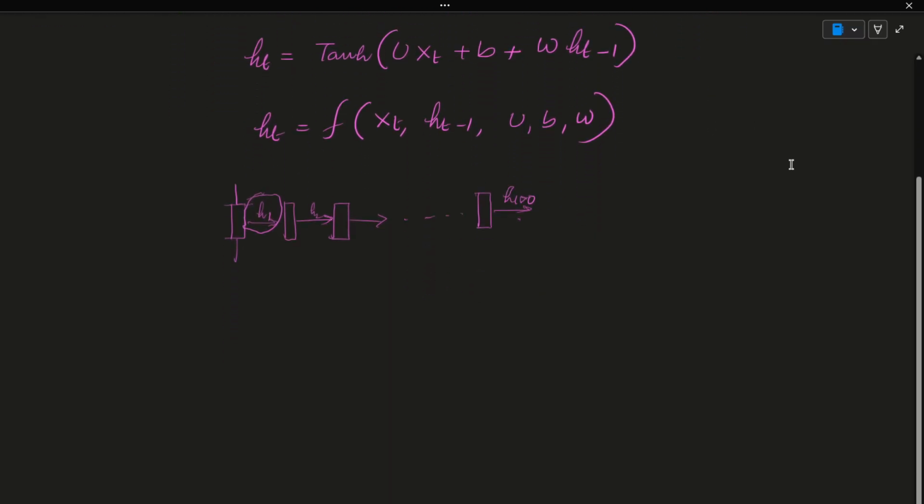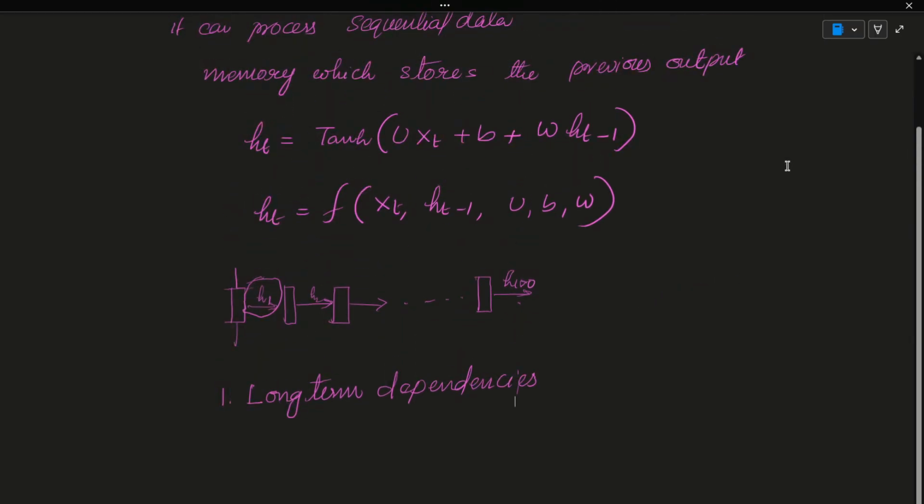Even in your class, if you try to remember what happened in the first hour, in the last period, it will be very difficult. So the first problem that we'll be dealing with is known as long-term dependencies. That means as time progresses, remembering previous things is very, very difficult.